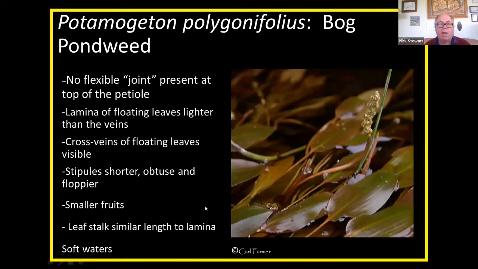Whereas Potamogeton polygonifolius doesn't have the flexible joint at the top of the petiole. The veins are darker than the leaf, and the cross veins are much more visible, and it has smaller fruits and shorter stipules.